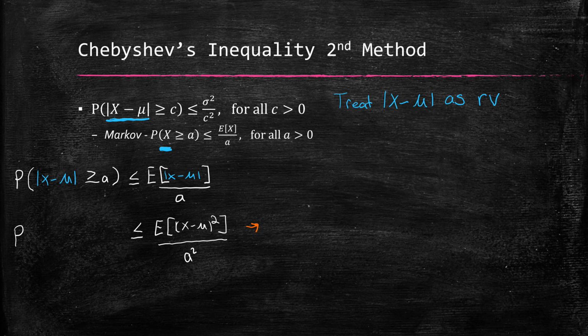We put x minus mu in for x in the Markov inequality. Now we square because the relationship in that inequality will still hold if we square it. Then we apply the definition for variance, where the expectation of x minus mu squared is the variance, or sigma squared. And again, we have shown another way to prove Chebyshev's inequality.